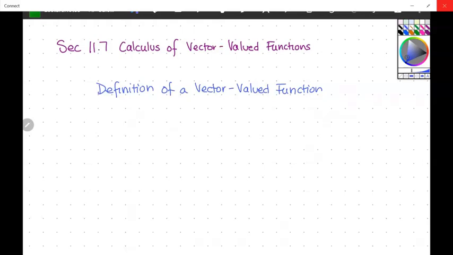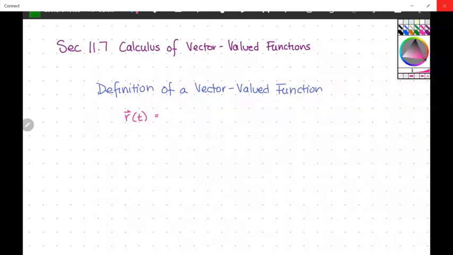It's a function whose values are vectors. There, that's clear as mud, right? But that's really what it is. It'll look something like this, r of t. So it is vectors, but it is a function of something, typically time. So typically we use t. T or theta are the common ones.